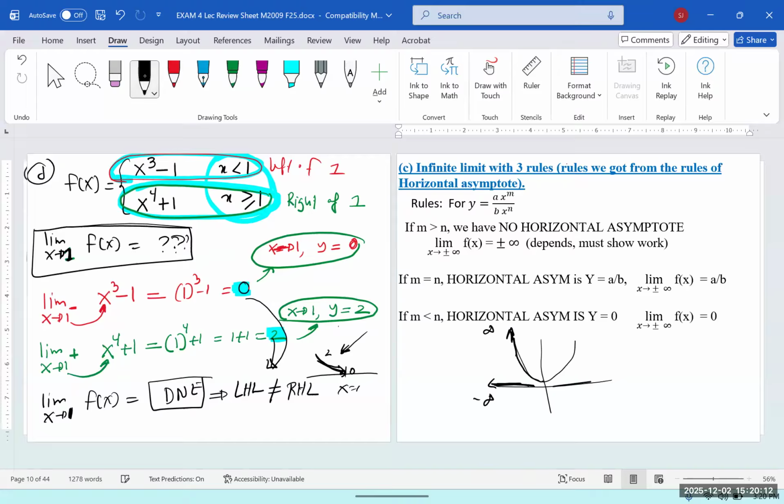Same thing on the right side: when x is going to positive infinity, y is going to positive infinity. So limit at infinity means when x is very big or very small, what y value do we get?